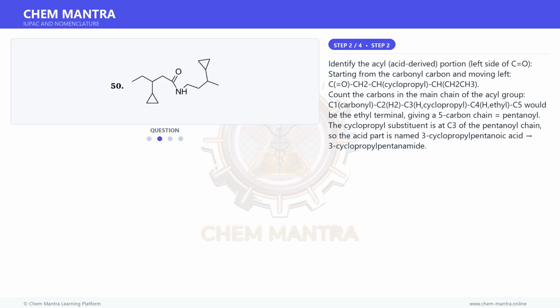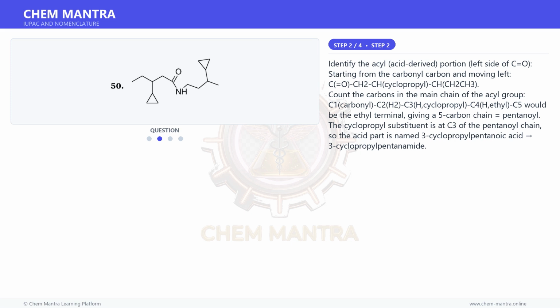Identify the acyl, acid-derived, portion, left side of C=O. Starting from the carbonyl carbon and moving left: C=O, CH2, CH, cyclopropyl, CH, CH2, CH3.